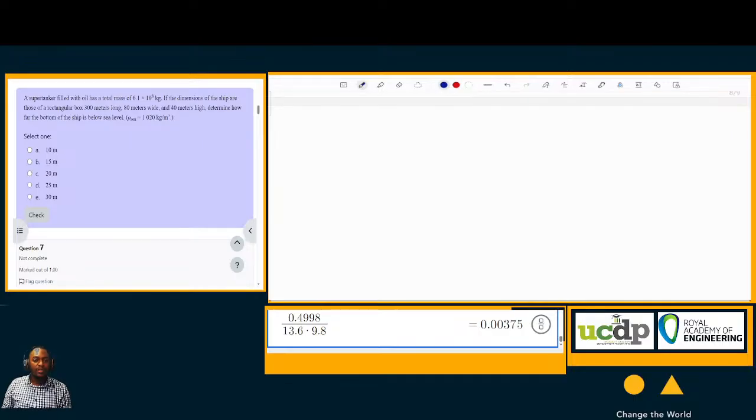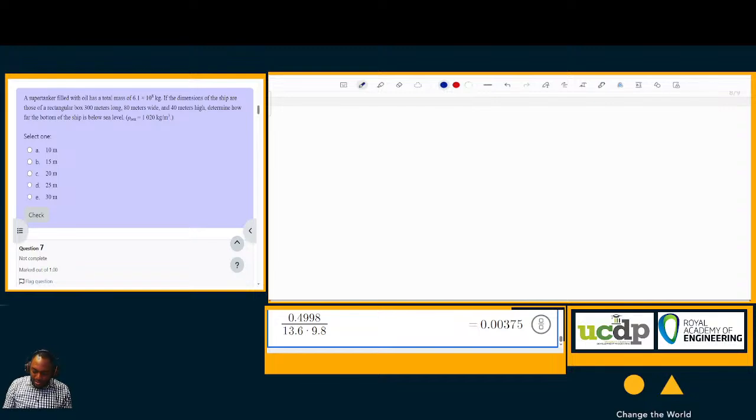So given the mass, the dimensions of the ship are 300 meters long, 80 meters wide, and 40 meters high. Determine how far the bottom of the ship is below the sea level.